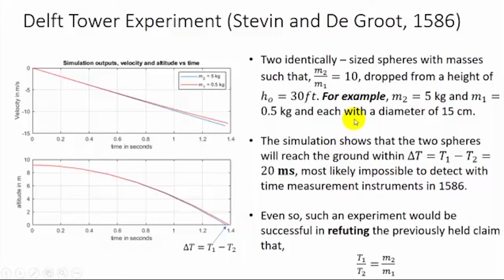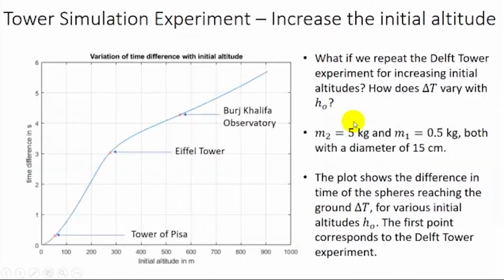So, in a sense, this experiment was the first experiment to demonstrate the fact that the acceleration of gravity is constant and independent of the mass of an object. A similar experiment was conducted a few years later by Galileo from the Tower of Pisa, or it is alleged that such an experiment took place, and a similar conclusion was deduced.